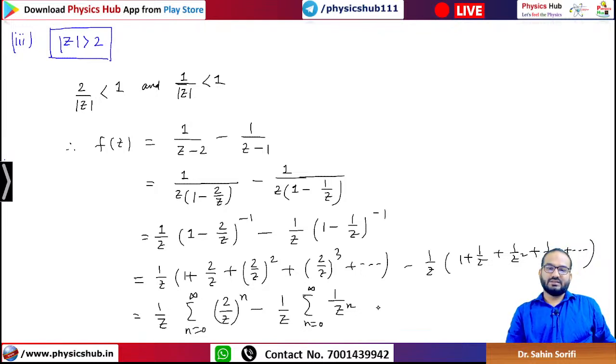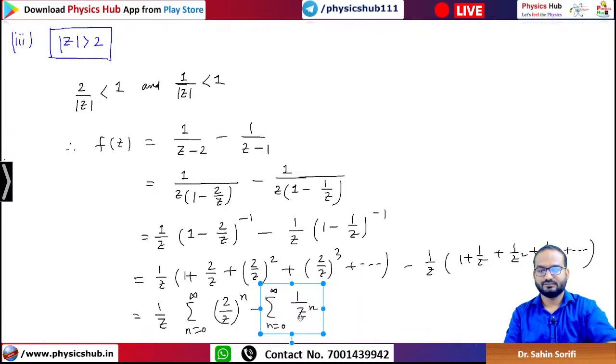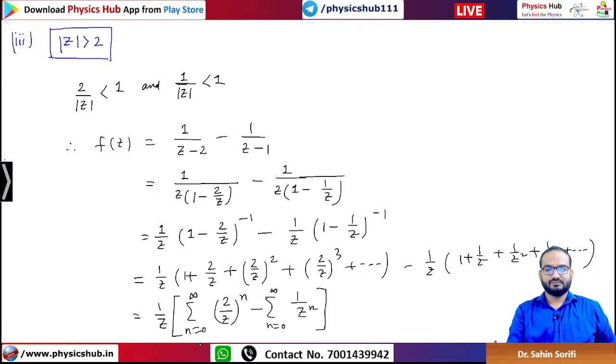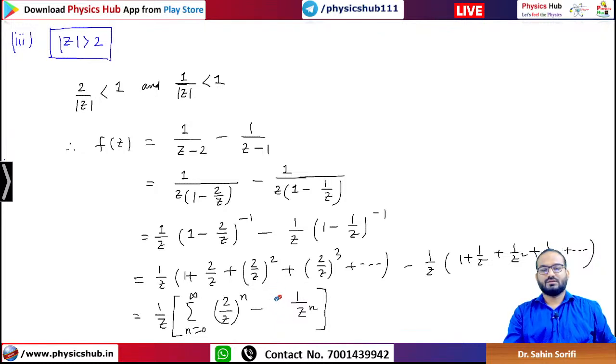Acha, 1 by z is there on both terms, so 1 by z you can take common. So this summation can be taken out also.